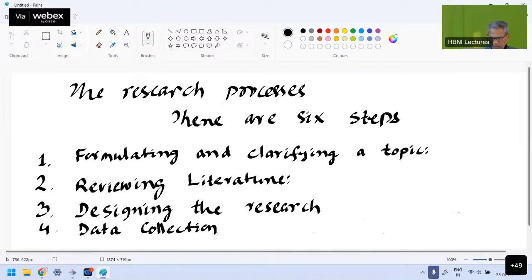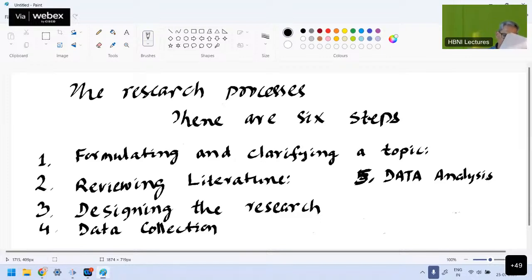So then the fifth step is data analysis. In this, you have now collected data. And, as I told you earlier, this raw data is huge.